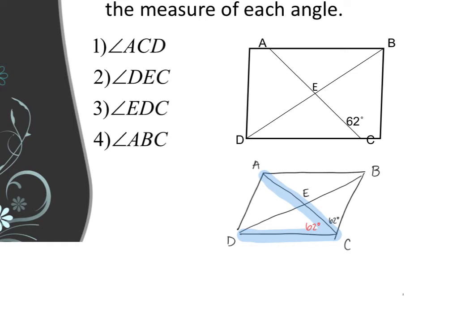Now it also wants us to find DEC, from D to E to C. What is that angle going to be? That's this one right here. Well, let's take a look back at our theorems.